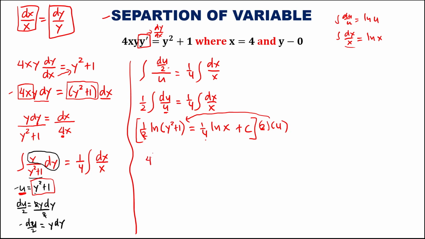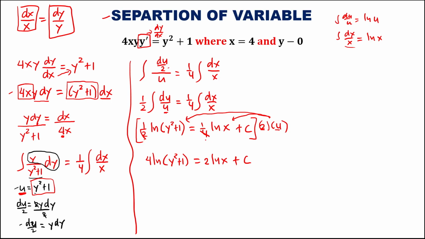So this becomes 4 ln of y squared plus 1, then equals, distribute to this term, so cancel 4, but we still have 2. So this becomes 2 times ln x, then plus c.